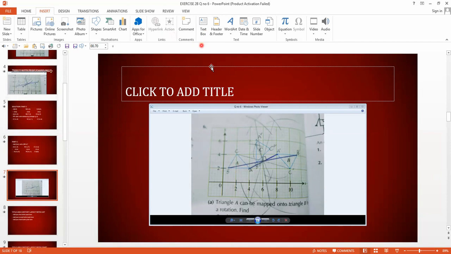I have to take a line. Look here. This one is +2 and +2. This one is the first one.